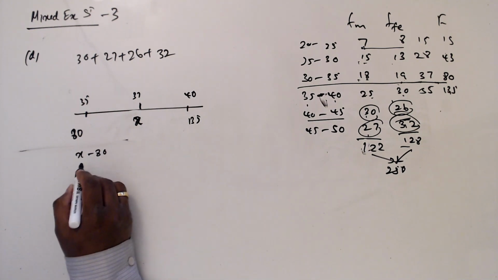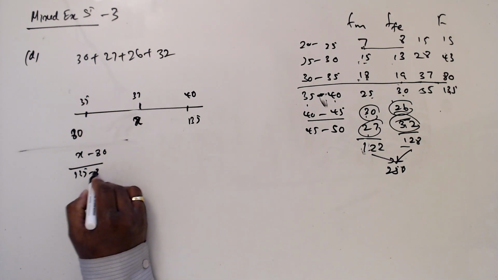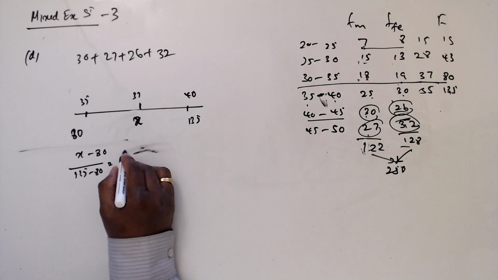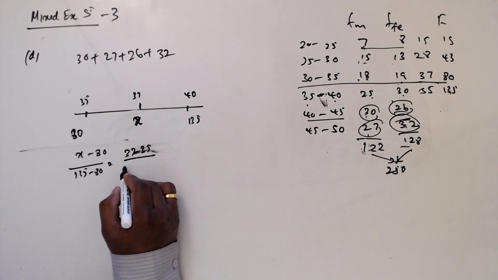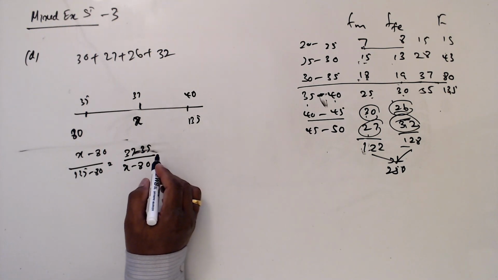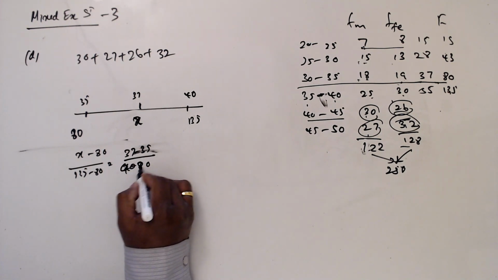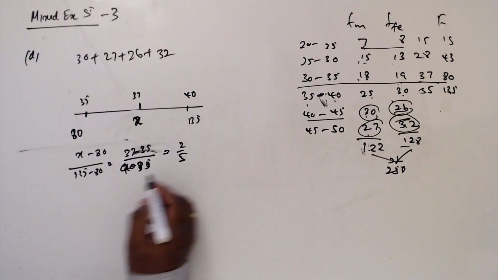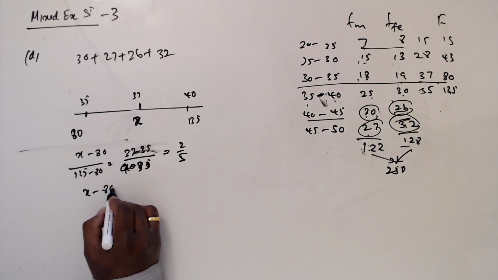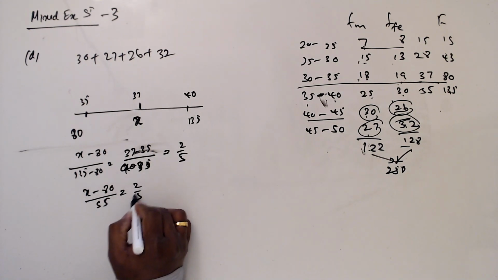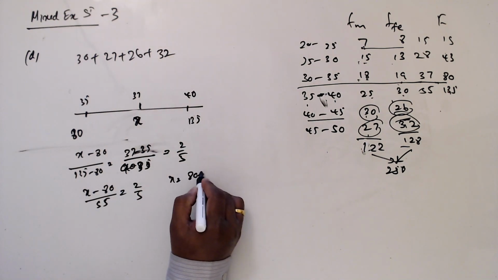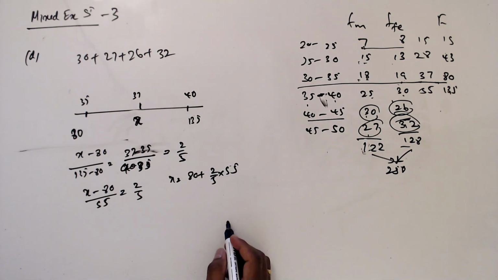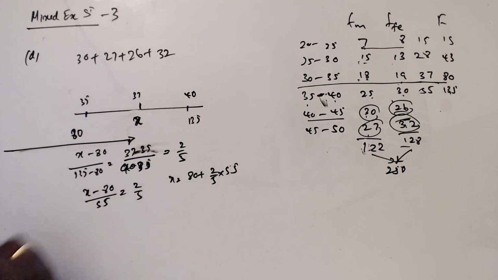X minus 80 over 135 minus 80 equal 37 minus 35 over 40 minus 35. So this is going to be 2 out of 5. X minus 80, this is 55 equal 2 out of 5. X equal 80 plus 2 out of 5 times 55. So when you get this one, you will get up to here.